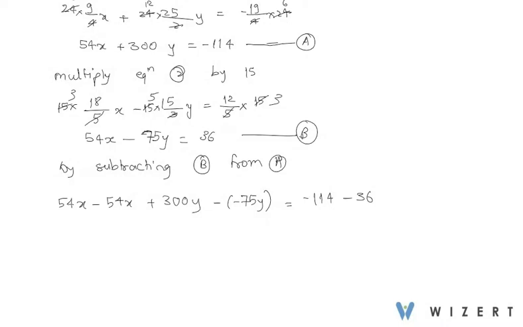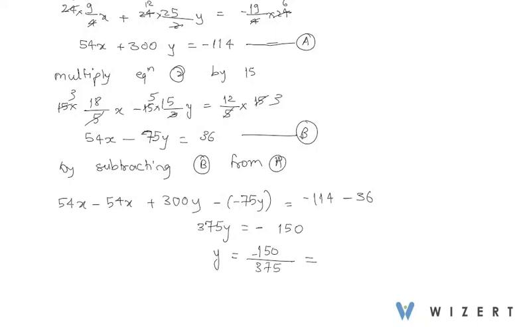So that gives us, this is 0. 300y plus minus of minus is plus 75, so this is 375y equal to minus 150. So we get y equal to minus 150 by 375.